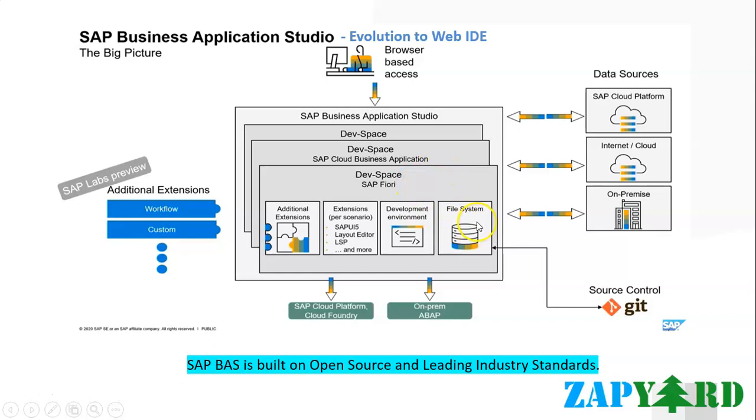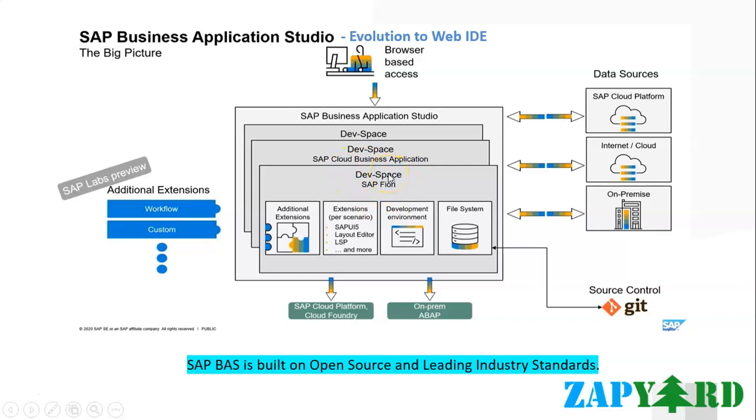It includes a file system where the code is actually stored. You can definitely store the code here, but our recommendation, and even as per SAP recommendation, is to connect to a Git source code repository, and there is a development environment which is a kind of an open source based IDE, and this dev space includes all the different tools required for this scenario such as SAP Fiori.